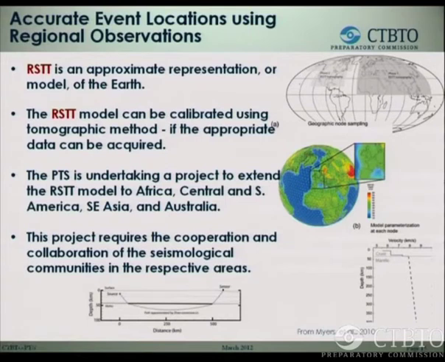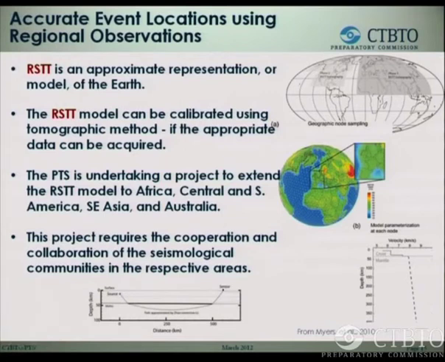So therefore, to calibrate our models, we need to collect ground truth data and perform the tomography processing. This is an involved task that requires cooperation and collaboration among many seismological communities in their respective areas of interest.